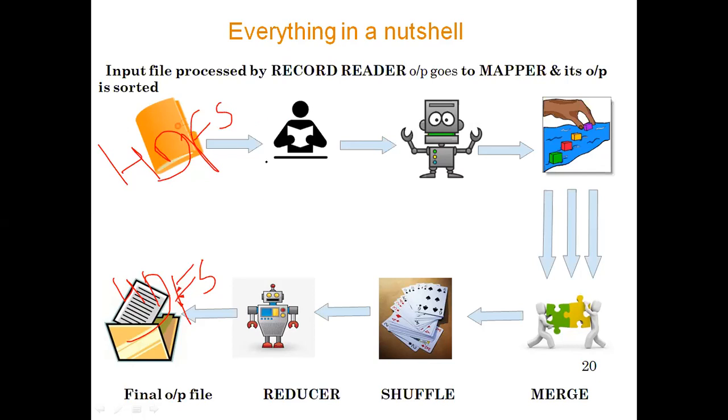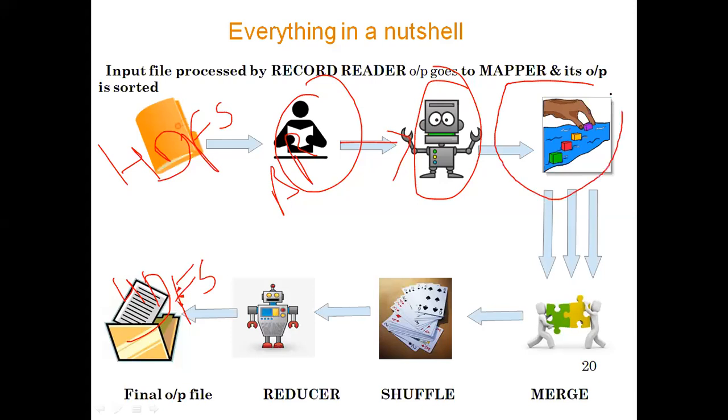What was our very first stage? The record reader. After the record reader takes input line by line and tokenizes it, it provides it to the mapper. The mapper is reprogrammed, and its output is then fed to the sorter.